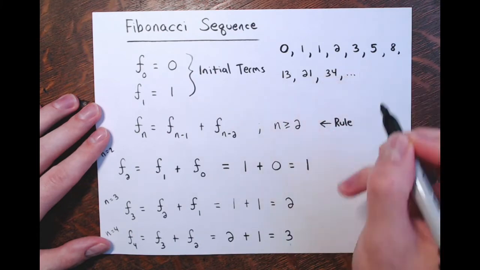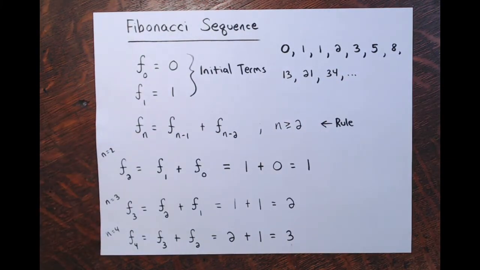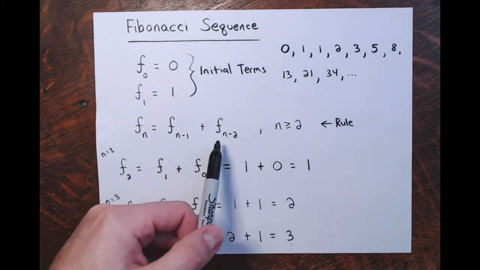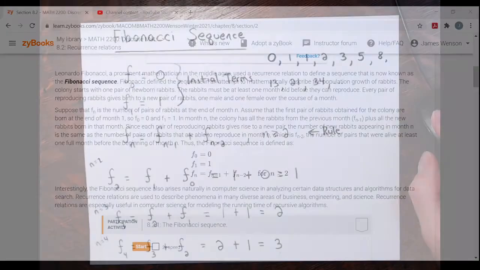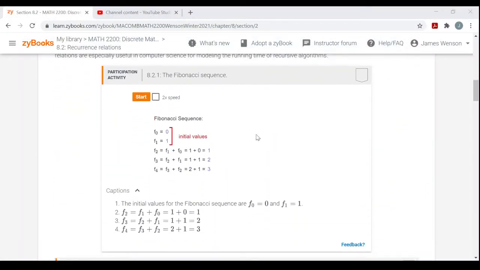Like I said, I could do this forever, but every single term is the sum of the two terms before it, and that's exactly what this rule is stating. So this is an example of a Fibonacci sequence. Okay, and they go through that in the animation here if you want to watch that step by step like I did.